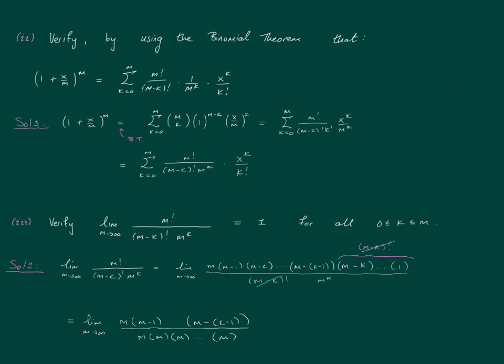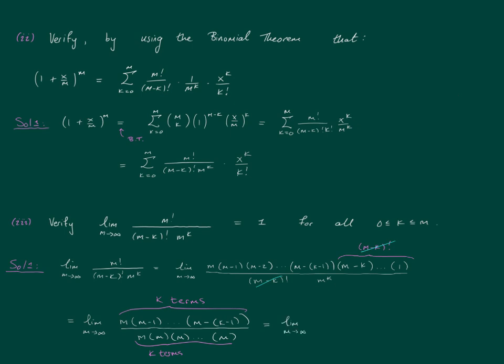And the thing to notice now is that there are k things on the top and k things on the bottom. So k terms and k terms.